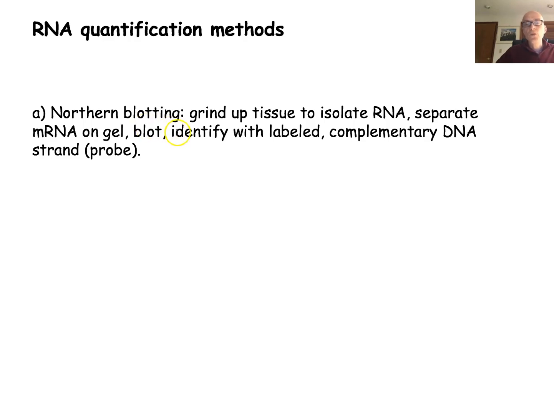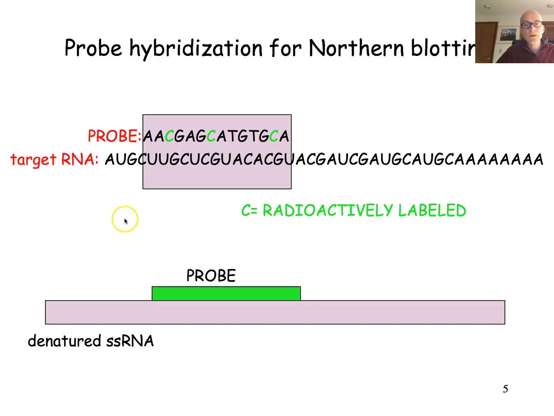And then you identify the particular gene that you're interested in by using a labeled complementary DNA strand. So what is a labeled complementary DNA strand? Let's say we have here our denatured RNA, and that's the same as here.